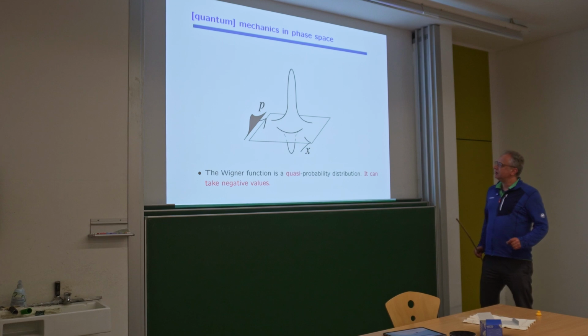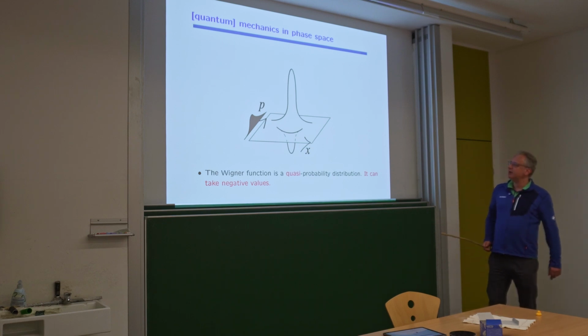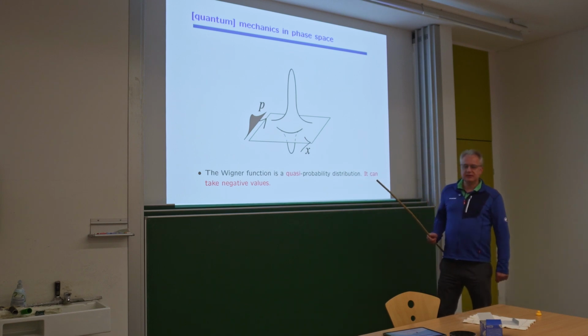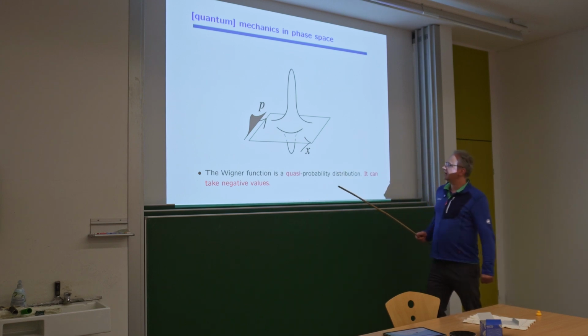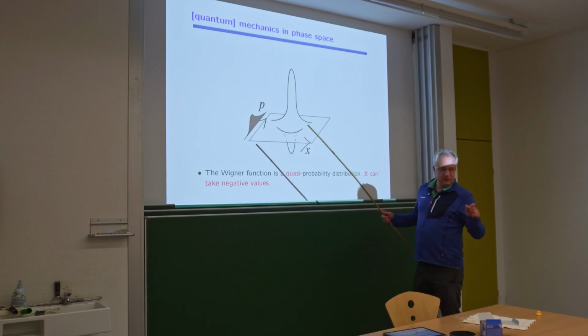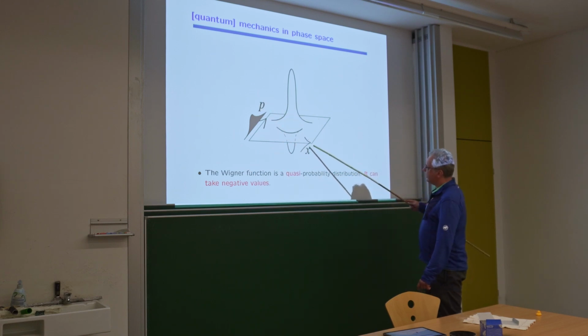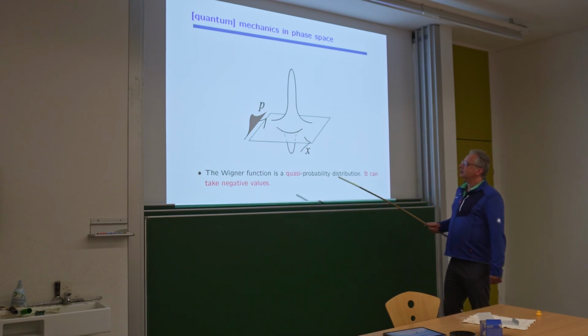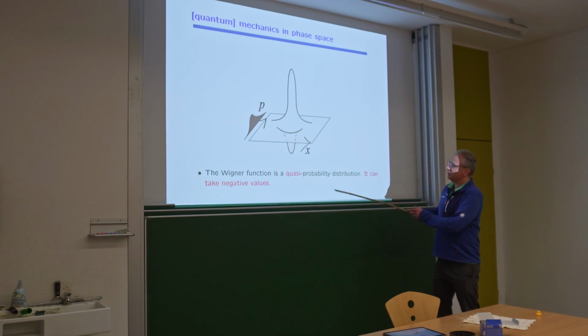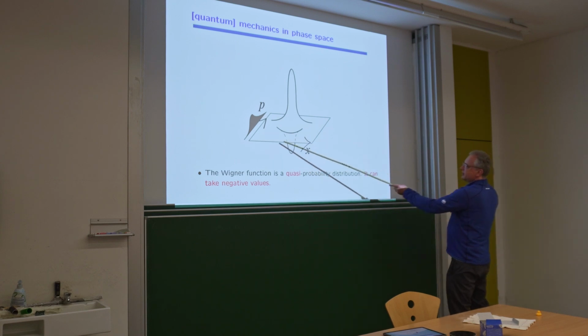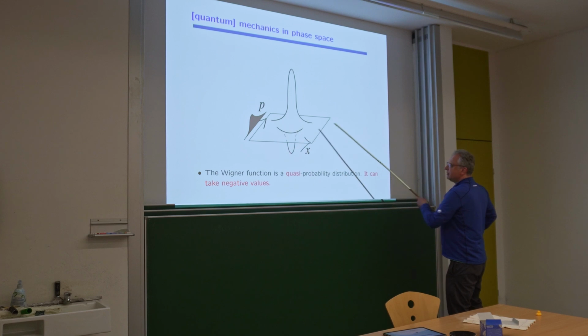To give you an idea of what I mean, there are these marginals. You have this quasi-probability function depending on p and x, that is momentum and position. And you could integrate over position. So you could integrate along a line like this: you fix the momentum and integrate over position.